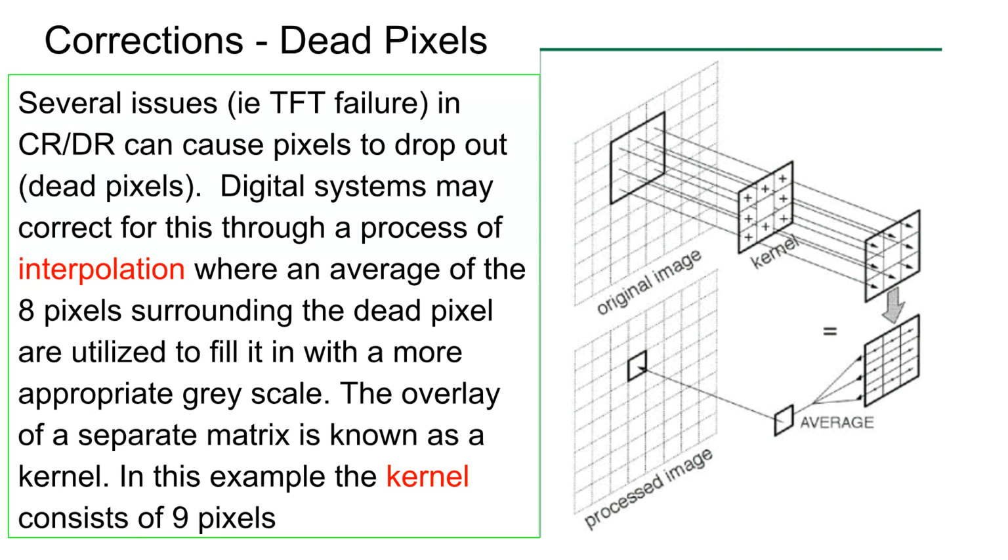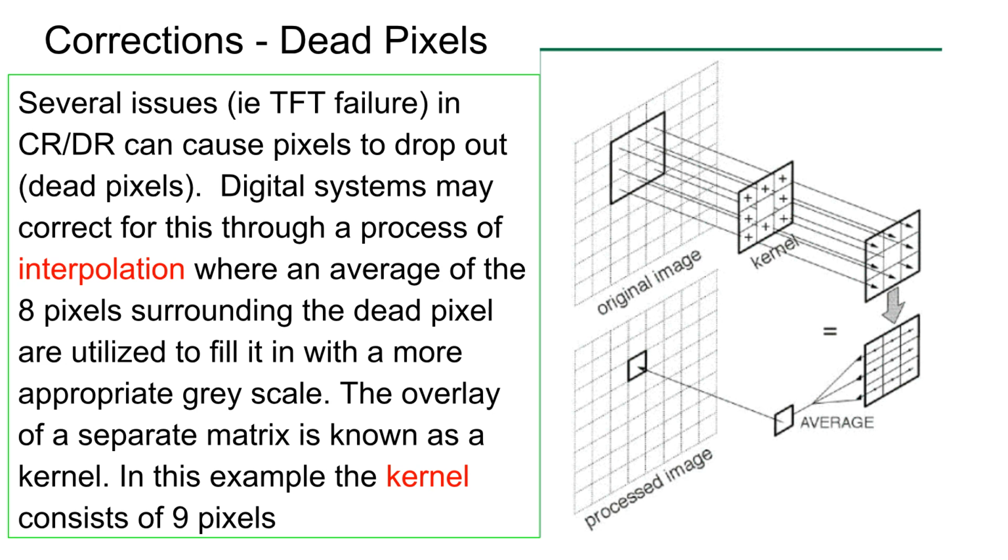This is an example of interpolation. Interpolation is a method or mathematical algorithm that takes known data, so you know the brightness levels of all the pixels except the few that are dead. Now let's say you know exactly the 8 pixel brightness levels that surround any one pixel.